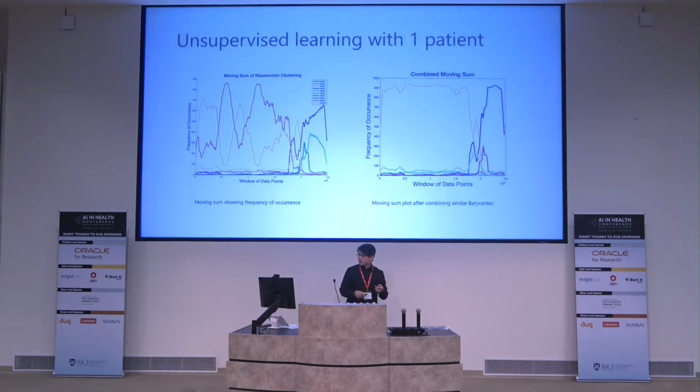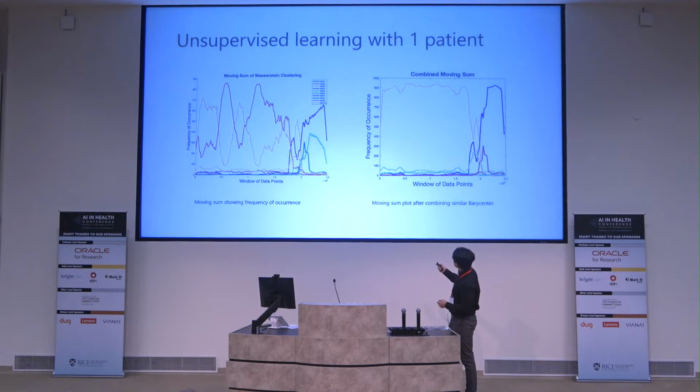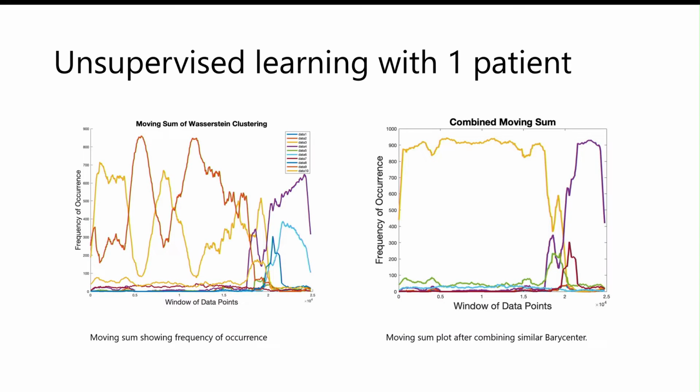Then you can do things like clustering, but instead of clustering based on Euclidean distance, you can do clustering based on Wasserstein distance, and we get this type of results. Again, the same patient, and we're trying to identify different behaviors. The important thing is that you can recognize this yellow behavior as normal, and then this purple one is when the tachycardia actually starts happening.